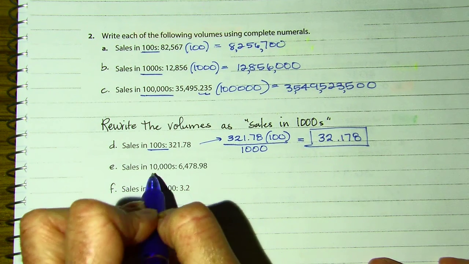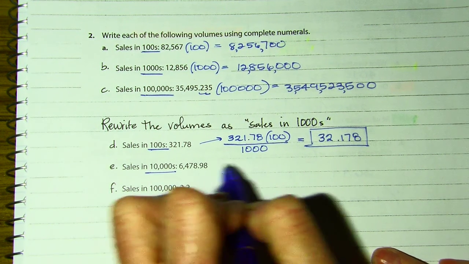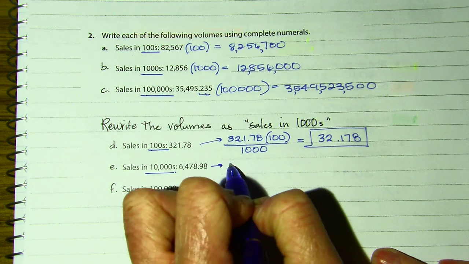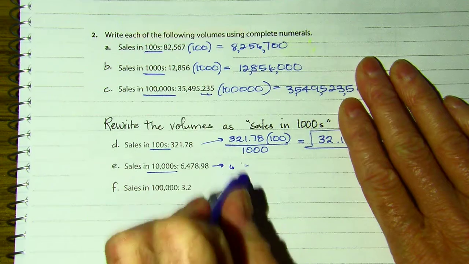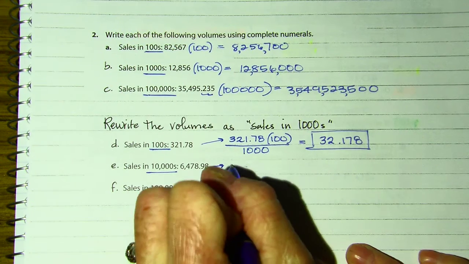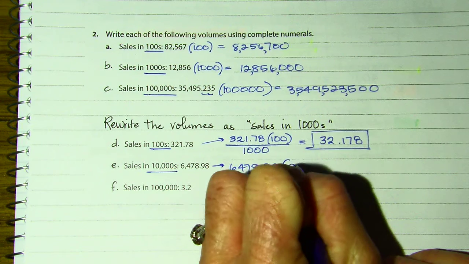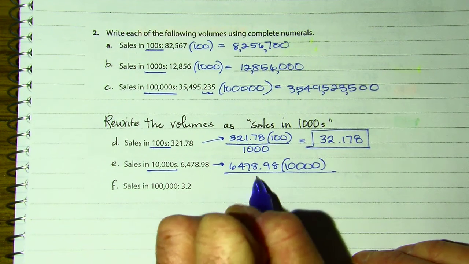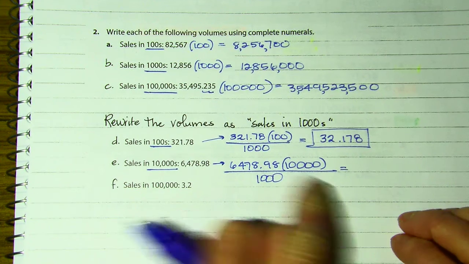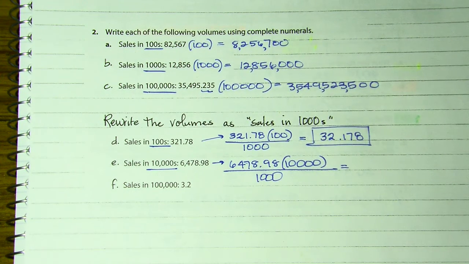So part E, first I have to calculate the actual volume. So I'm going to multiply 6478.98 by 10,000, but then to put it in sales in 1,000s, I'm going to then divide. So you multiply to find volume, then divide it by whatever figure they want you to put it in.